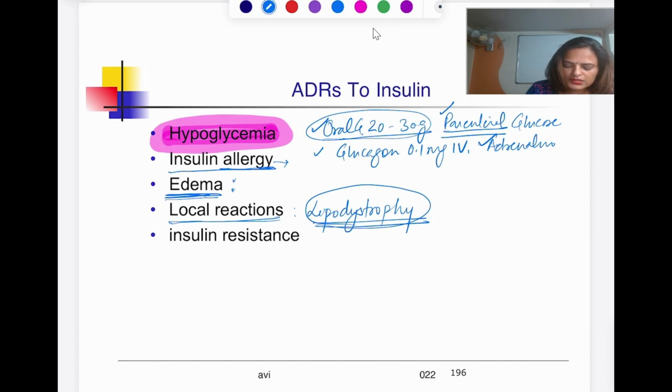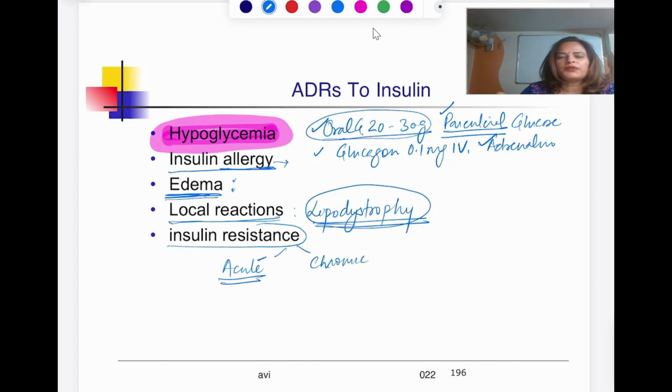So this is another indication to switch over from the conventional preparation to the human insulin. Then another one is insulin resistance. Insulin resistance is suboptimal response of the various tissues to the insulin. It is very commonly seen with advanced age and in an obese person. There are two types of insulin resistance, acute and chronic.